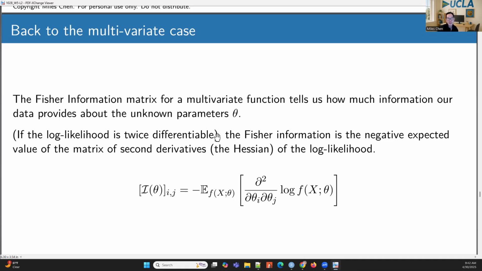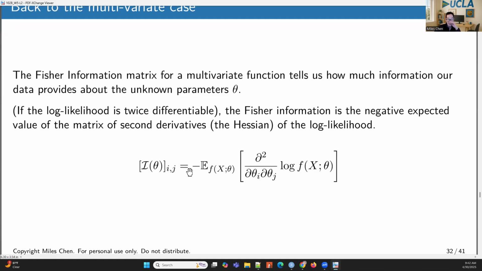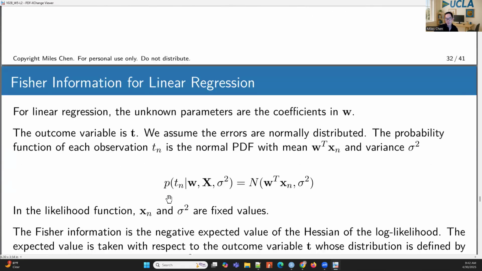Again, if the log likelihood function is twice differentiable, then the Fisher information is the negative expected value of the matrix of second derivatives, or the negative expected value of the Hessian matrix of the log likelihood. So now I want to get the negative expected value, with respect to our random variable x, of our matrix of second derivatives, or our Hessian matrix. And we'll get a big Fisher information matrix.